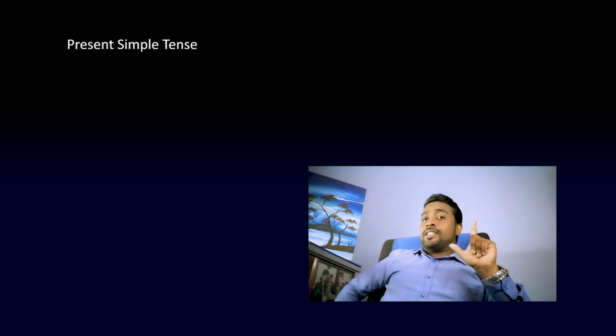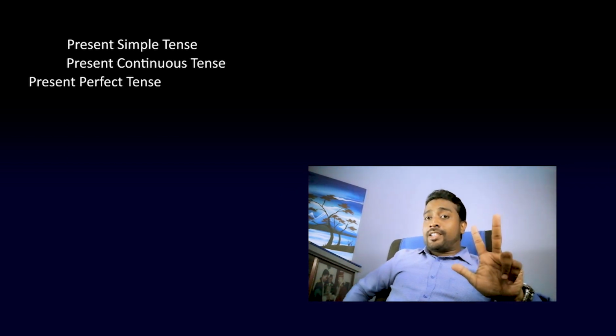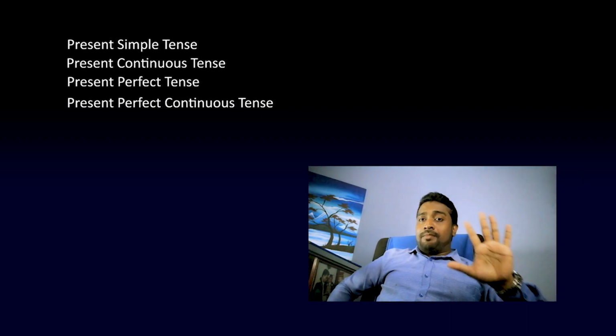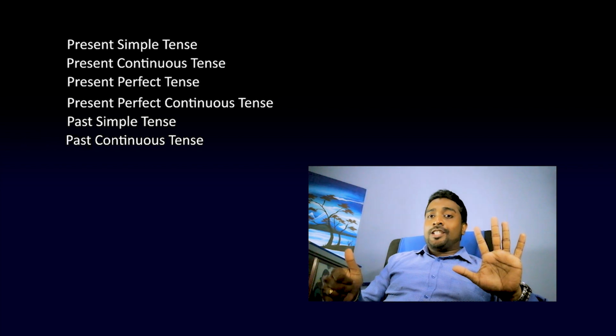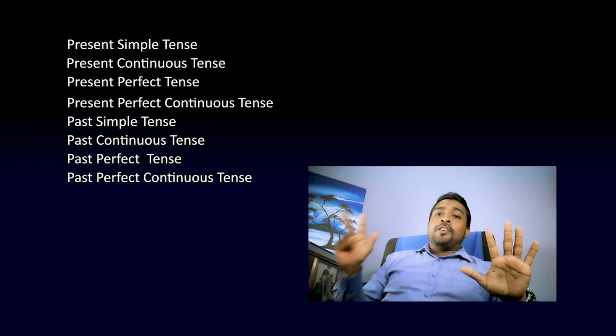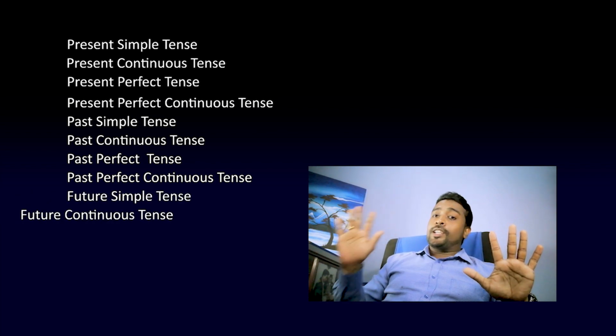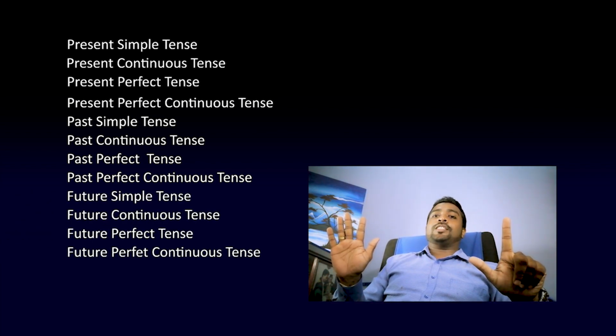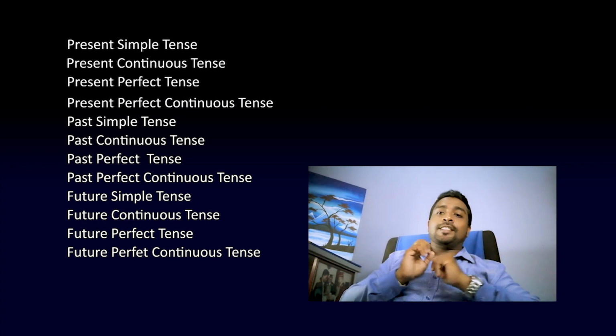Yes, they are present simple tense, present continuous tense, present perfect tense, present perfect continuous tense, and past simple tense, past continuous tense, past perfect tense, past perfect continuous tense, future simple tense, future continuous tense, future perfect tense, future perfect continuous tense. So there are 12 tenses in English.